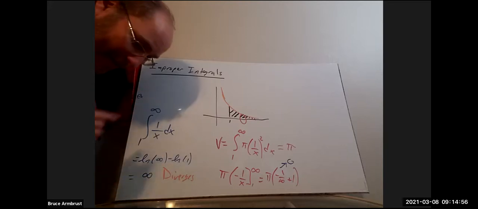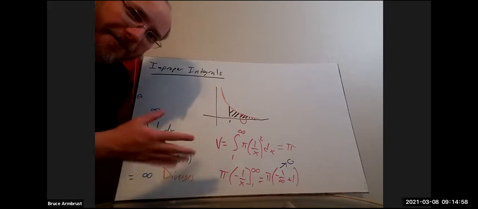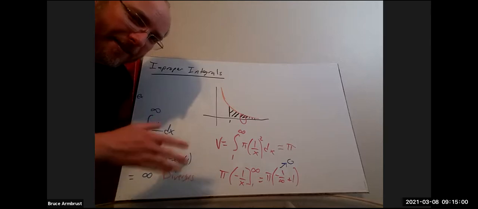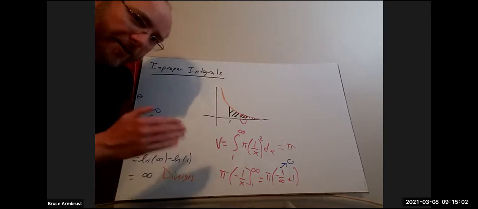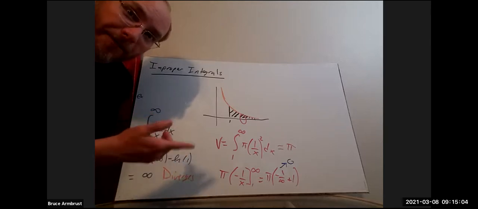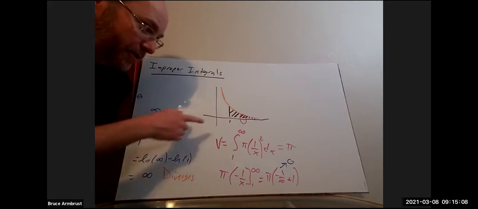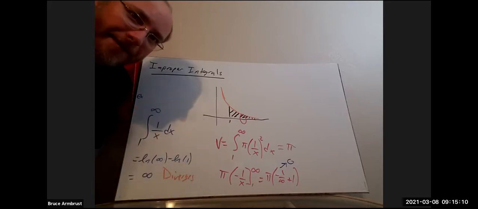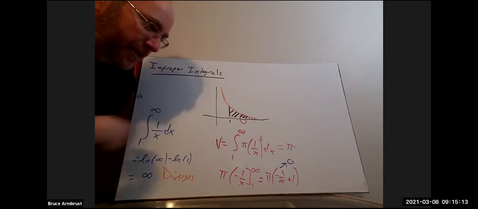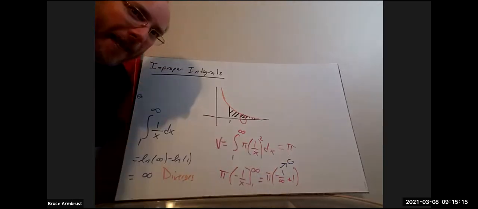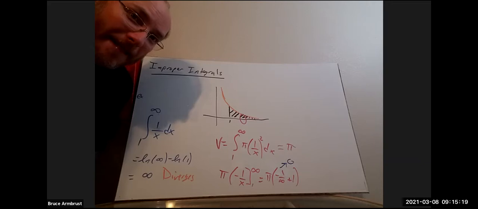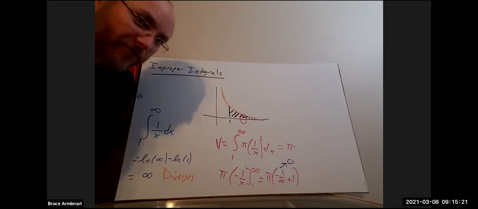Here's the other funky thing. Think about this. So surface area is infinite. You've got to trust me on that. I don't want to blow through the math. But the surface area is infinite, but the volume is finite, which means if you wanted to, you could fill this thing with paint. It's only going to require pi gallons of paint to fill it. But if you wanted to paint the outside of it, there's not enough paint in the world.